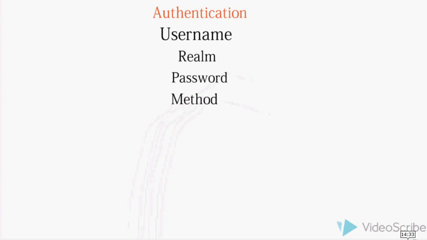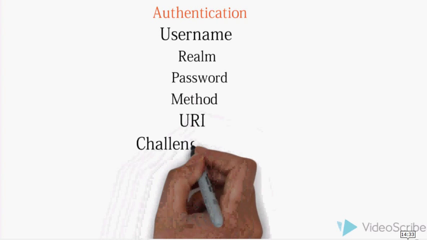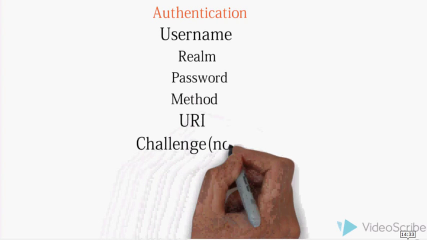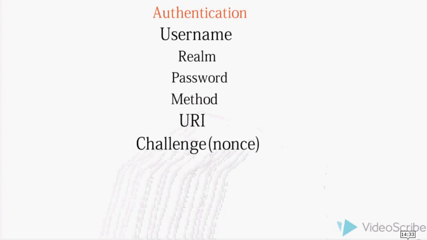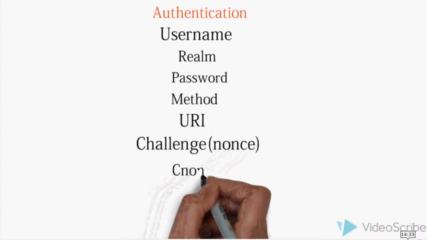And we have the URI, the uniform resource identifier for the user agent, such as sip:192.168.2.102. And we have the challenge nonce, the unique challenge provided by the server in the 401 or 407 response.